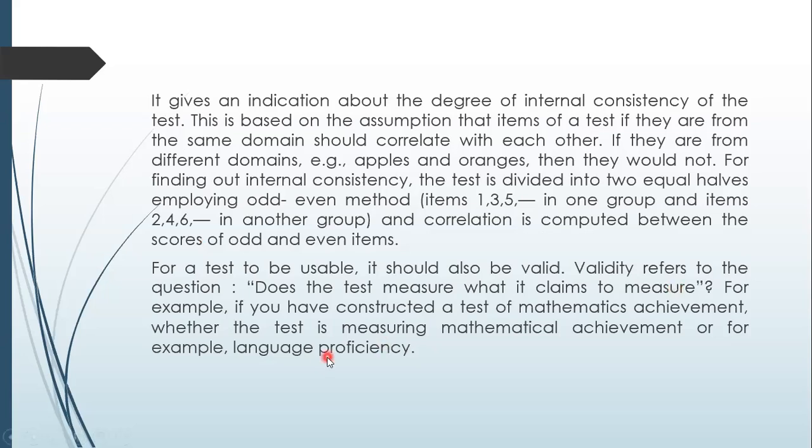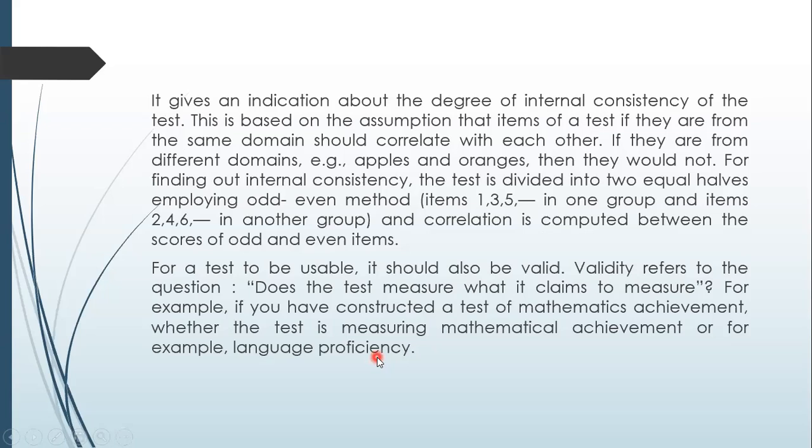For example, if you have constructed a test of mathematics achievement, it should measure only mathematical ability. If it is for language, it should measure only language proficiency. So this is called validity.